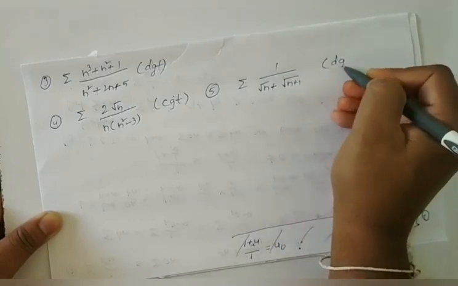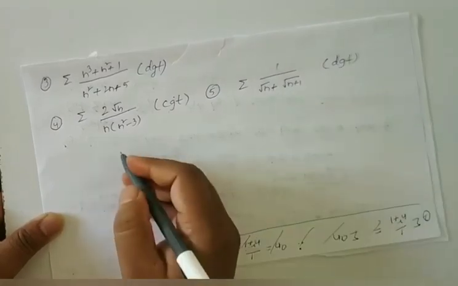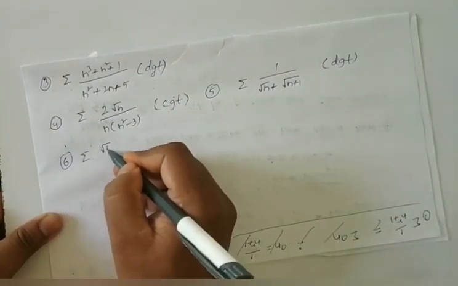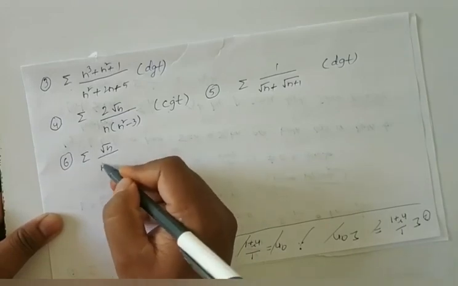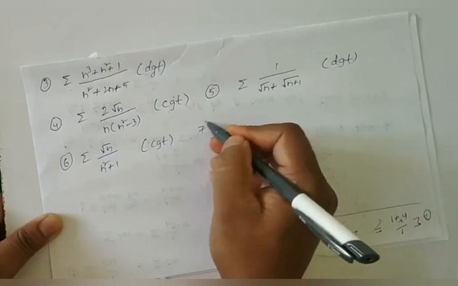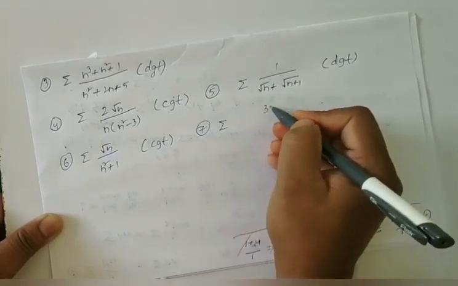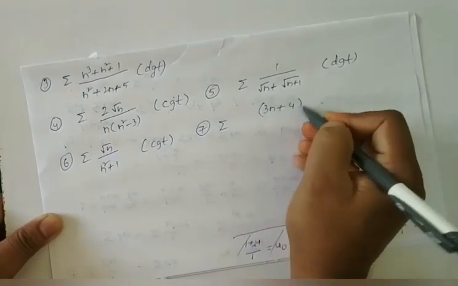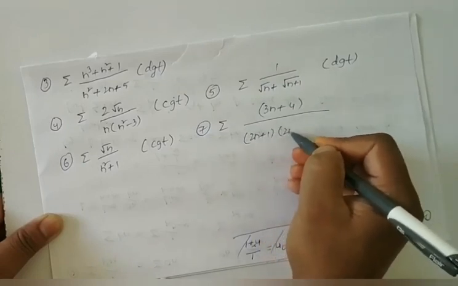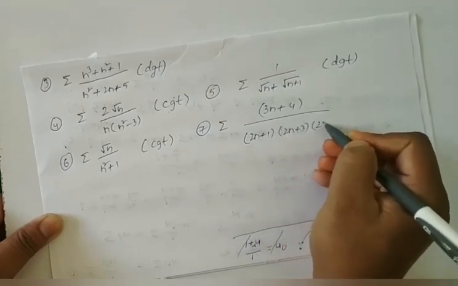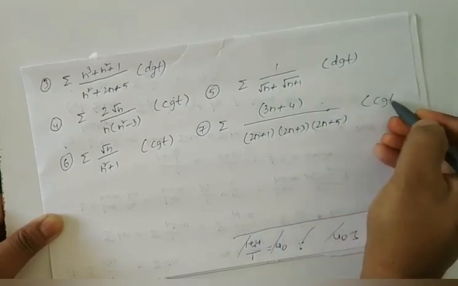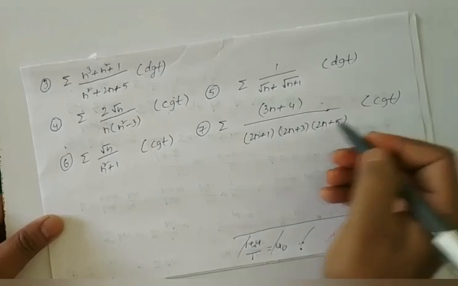This is divergent. Sixth one, summation root n by n square plus 1. This is convergent. Seventh one, summation 3n plus 4 by 2n plus 1, 2n plus 3, 2n plus 5. This is also convergent.